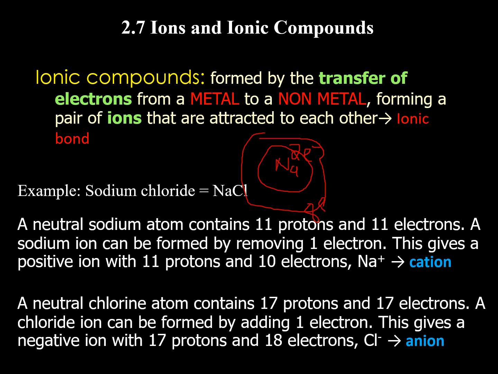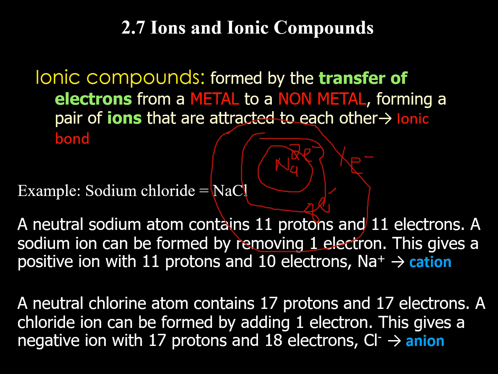I'm not going to draw all the electrons, but there are 8 electrons in the next shell, and in the last shell it has 1 electron. How do we know this? We said earlier the nucleus of sodium has 11 protons, therefore it has 11 electrons. We have 2 in the first shell, 8 in the next shell, and then 1 in the outer shell to make 11 electrons.